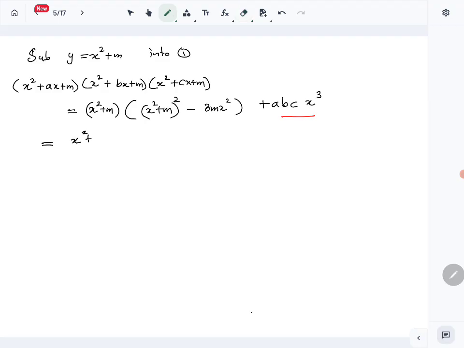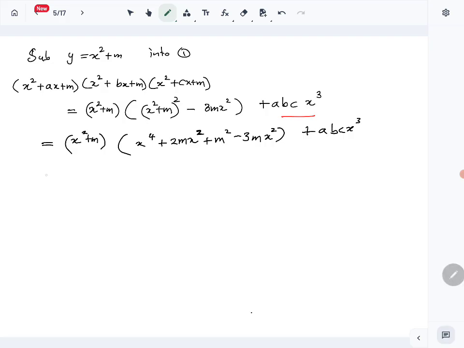x squared plus m, expand, you get x to the 4, 2m x squared plus m squared minus 3m x squared plus abc x cube, right? So now let's simplify this.